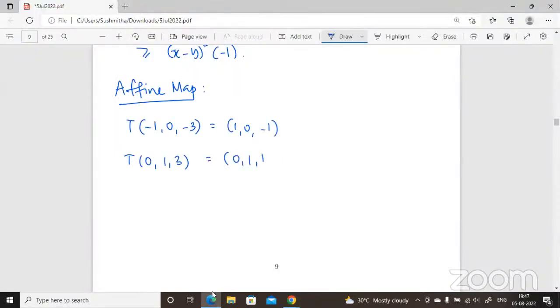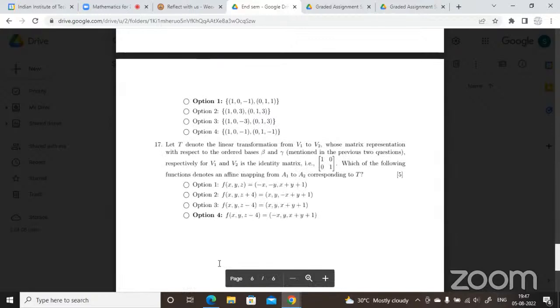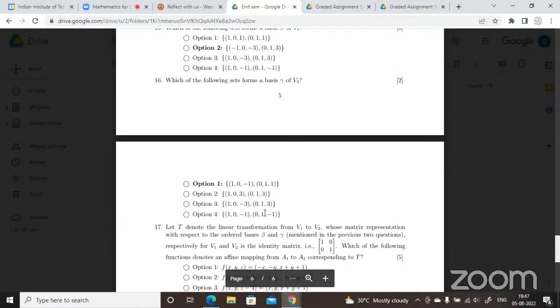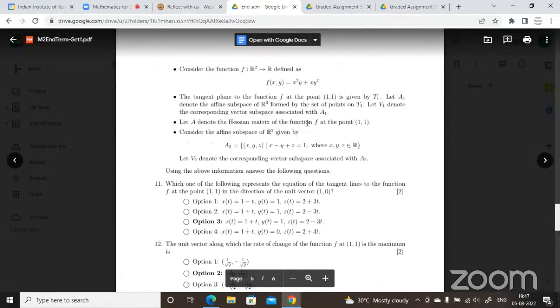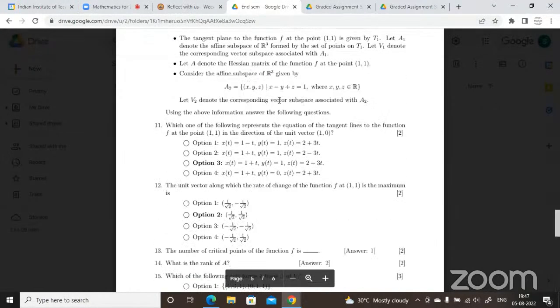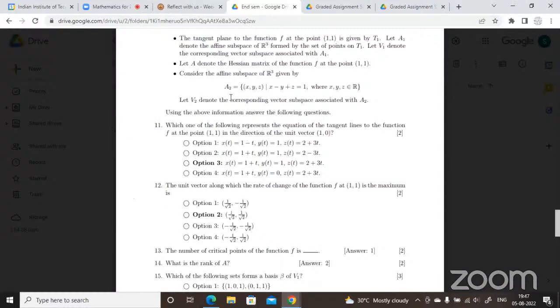Is it clear that these are the images? Yes, because the matrix is the identity matrix, right? Yes, ma'am. So is it clear that this is T? And we already know T completely because V1 is two-dimensional, I guess. Let V1 denote the corresponding vector space associated with x minus y plus z equal to 0. Oh, this is A2. What is V1 then?